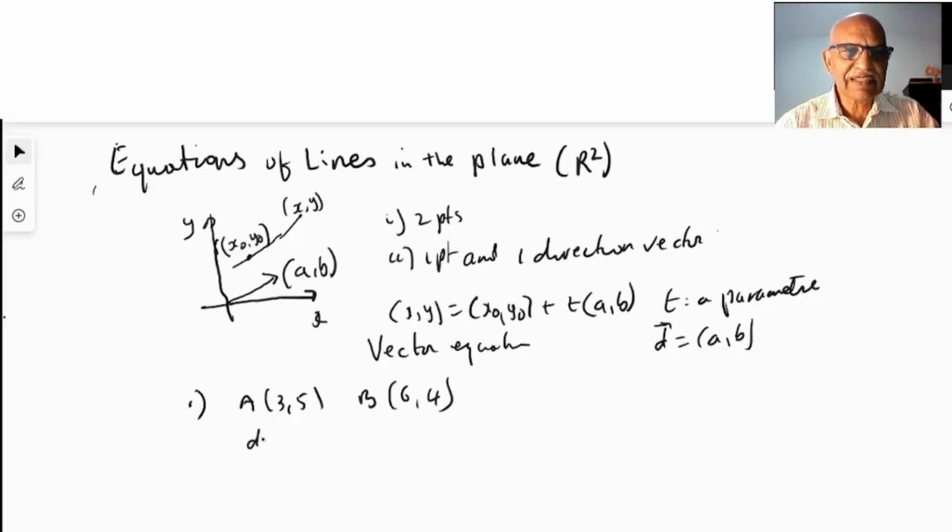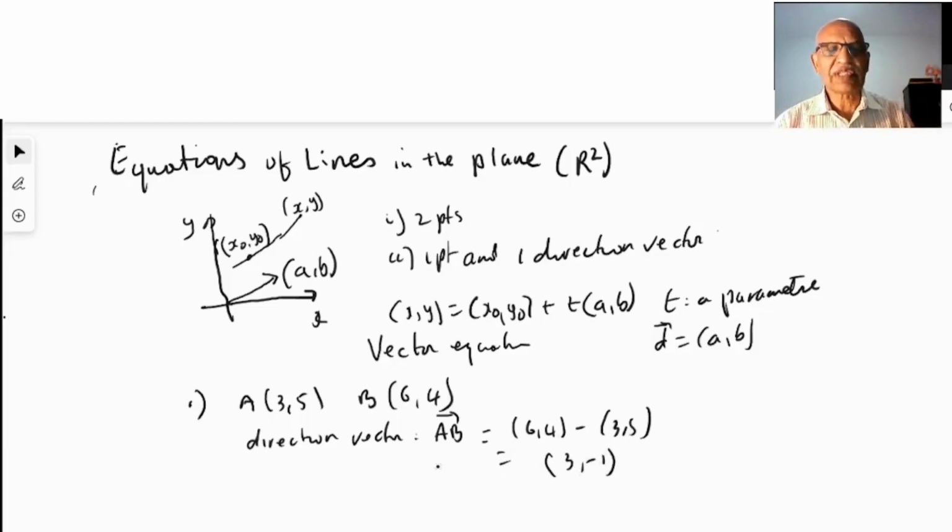The direction vector of AB is the coordinates of B minus the coordinates of A. So (6, 4) minus (3, 5): 6 minus 3 is 3, and 4 minus 5 is negative 1. Therefore, the direction vector is (3, -1).